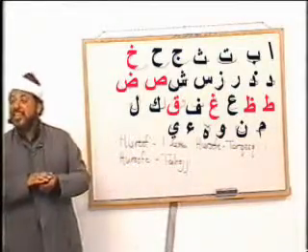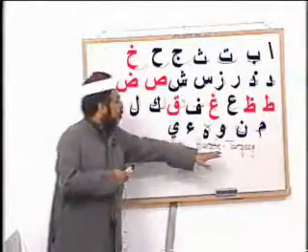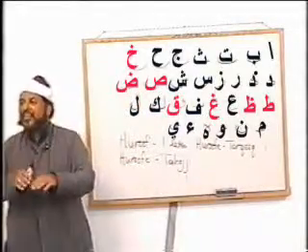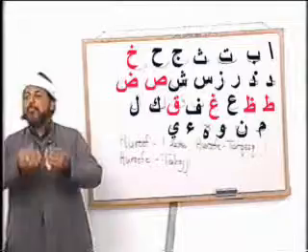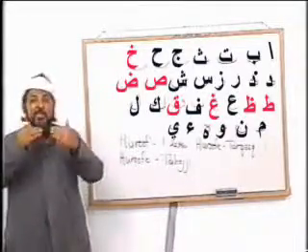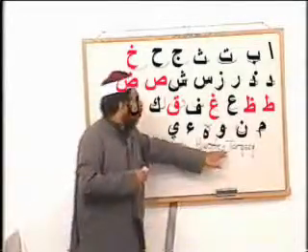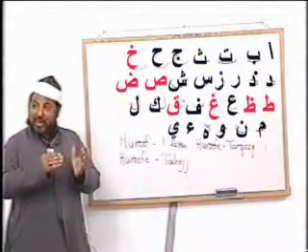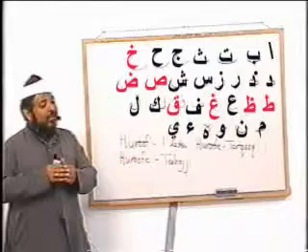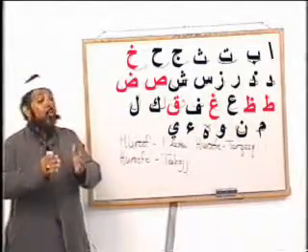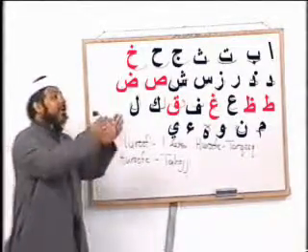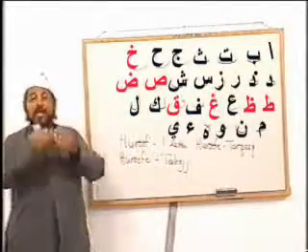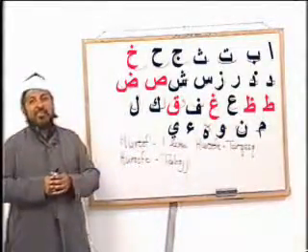My tarqiq letters are my flat letters, my downward letters, my flat mouth letters, my empty mouth letters. What is huruf tarqiq? My downward letters, my flat mouth letters, my empty mouth letters.